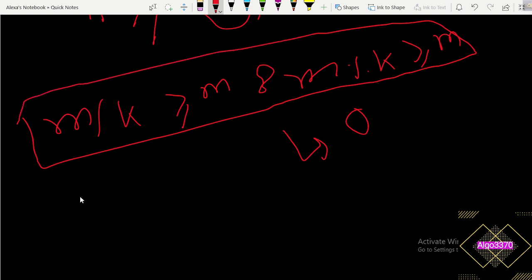So let's assume that our value of m is 12 and our value of k is 1.